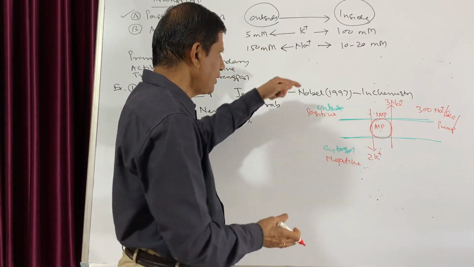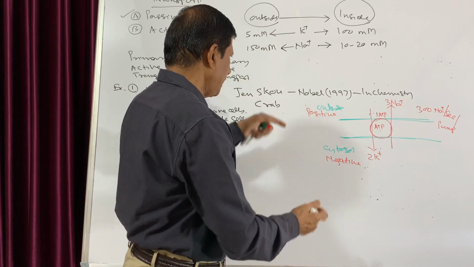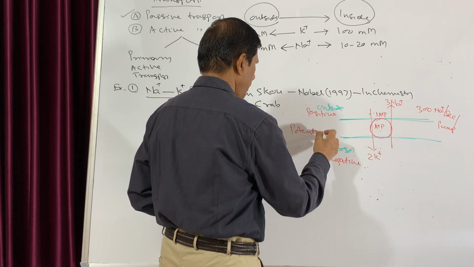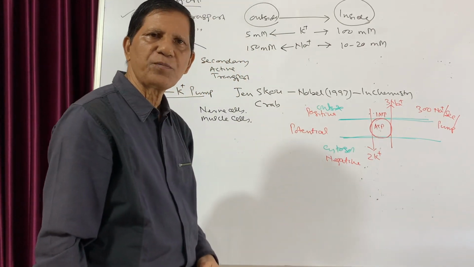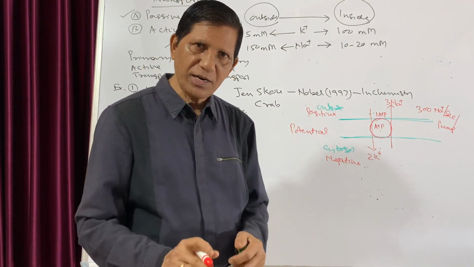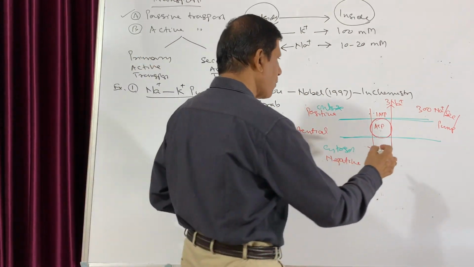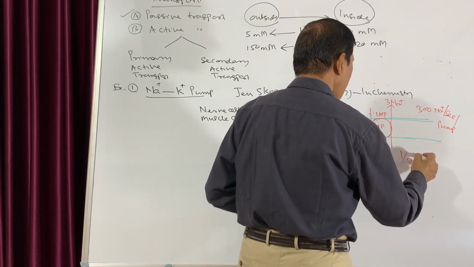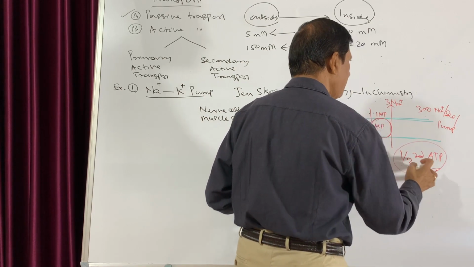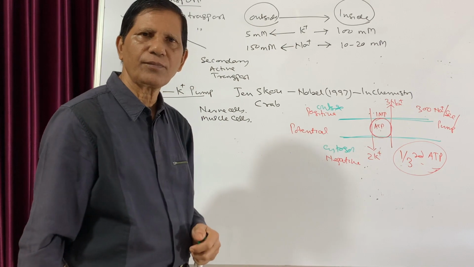That means a resting potential is always maintained. And out of the total amount of ATP formed in a cell, about one third of ATP is spent only for this sodium potassium pump.